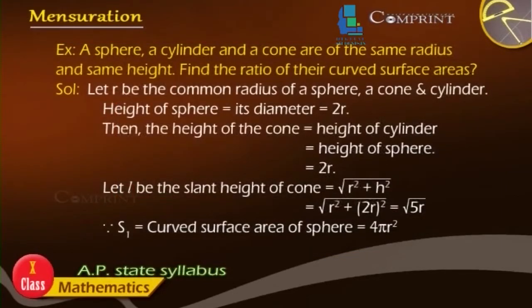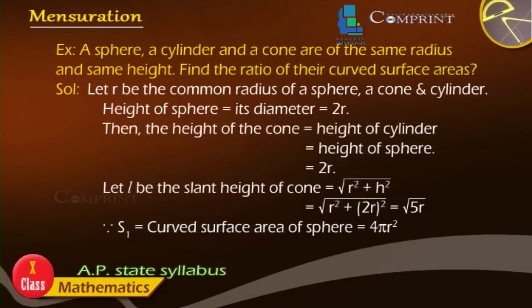Then the height of the cone is equal to the height of the cylinder, which is equal to 2r. Let l be the slant height of the cone is equal to square root of r square plus h square is equal to square root of r square plus (2r) whole square is equal to square root of 5 r.